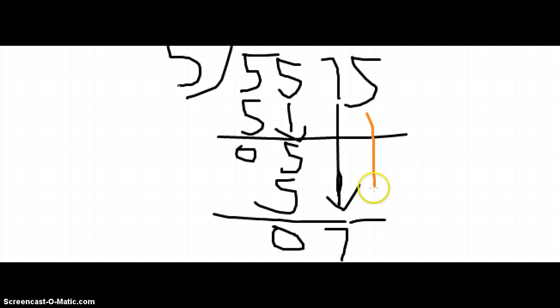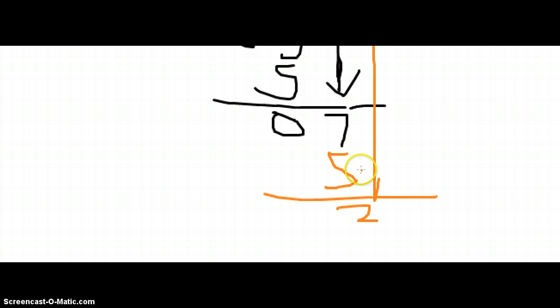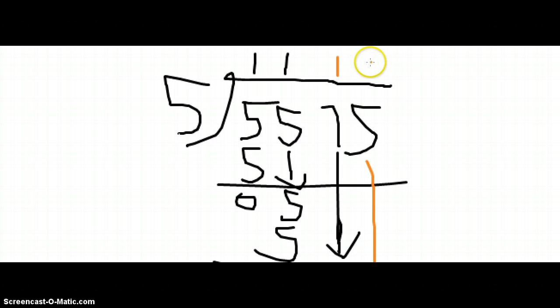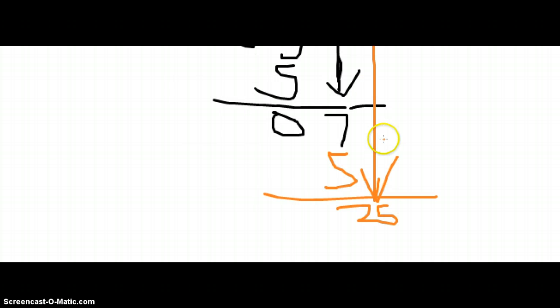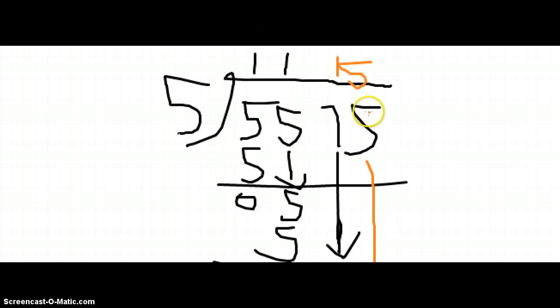Then we get the 25 that we have left right here. After 25, we're gonna go up again and write 5 there, because 5 times 5 is 25. And we're gonna write 25, and we get the answer 0, as you all can see.